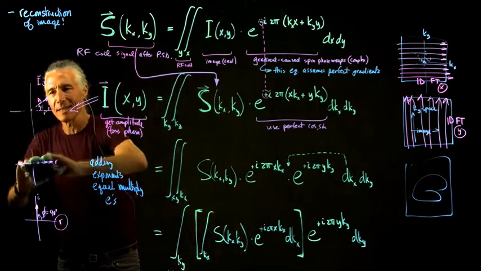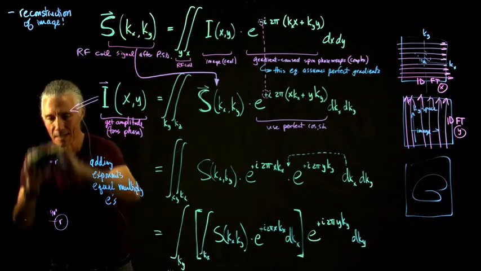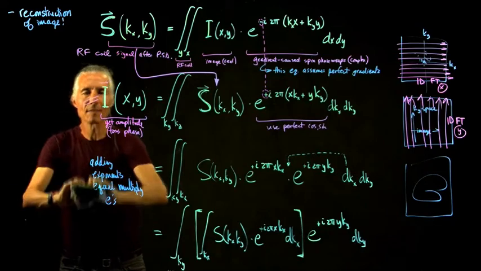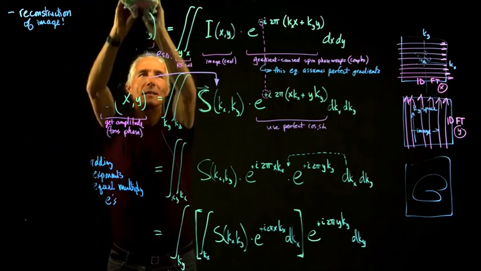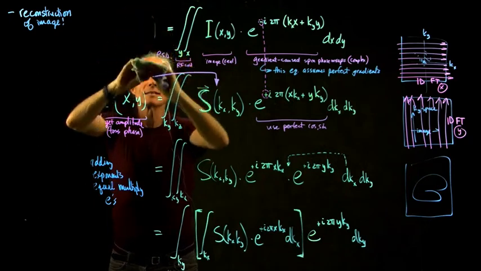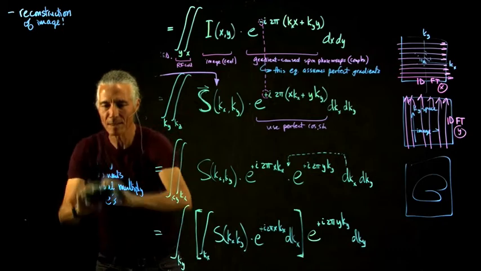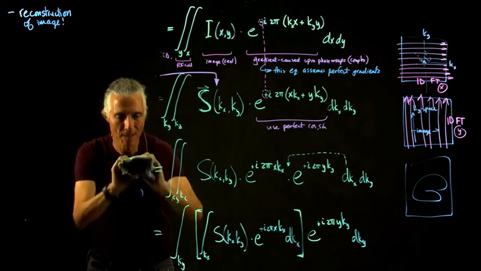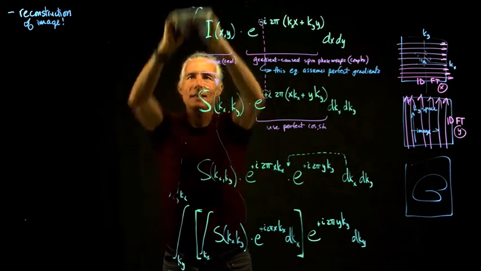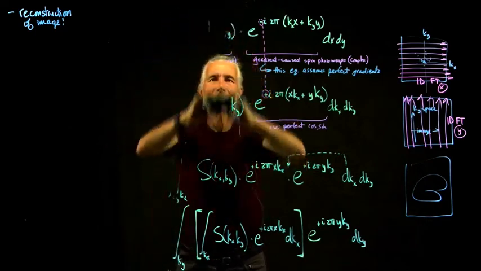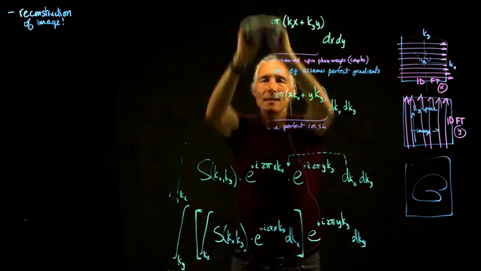So that's the reconstruction, but what we haven't talked about is that all of these equations I'm putting up are sort of infinite equations. They're going across an infinite amount of image space and an infinite amount of XY space. And that's clearly not what we're doing. We're only recording a finite number of data points.